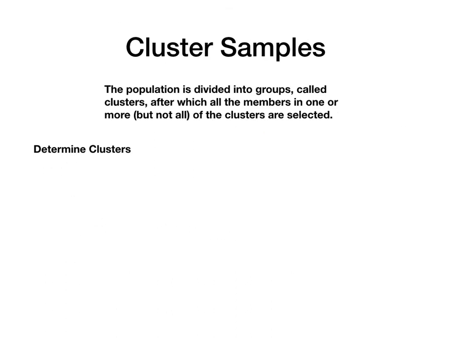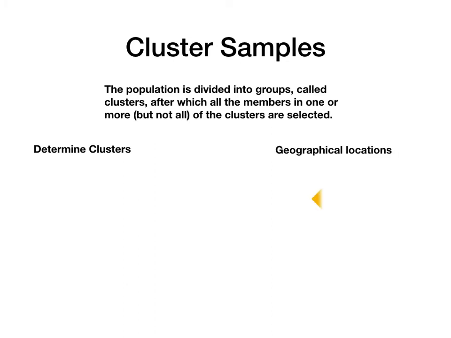The next technique is cluster samples. This is a technique in which the population is divided into groups. We call them clusters, after which all the members in one or more, but not all, of the clusters are selected. So this technique is similar to stratified samples. However, we use this technique when groups or clusters are geographical locations.